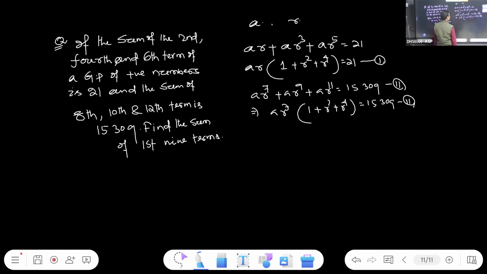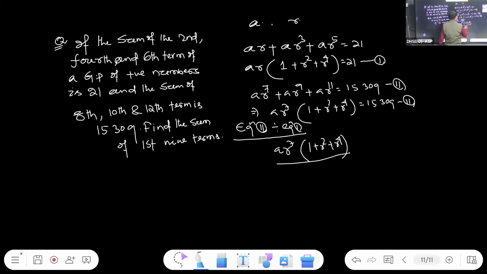Now dividing equation 2 by equation 1, we get ar to the power 7 into 1 plus r square plus r to the power 4 upon ar times 1 plus r square plus r to the power 4 is equal to 15,309 divided by 21. Okay. A cancels, r to the power 7 by r will be r to the power 6. Dividing 15,309 by 21, it will be 729.